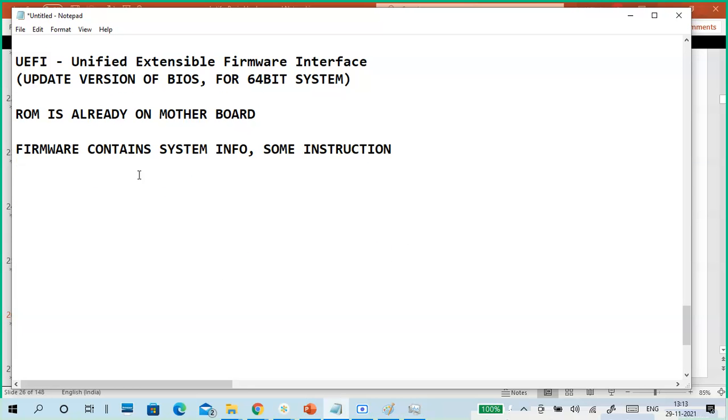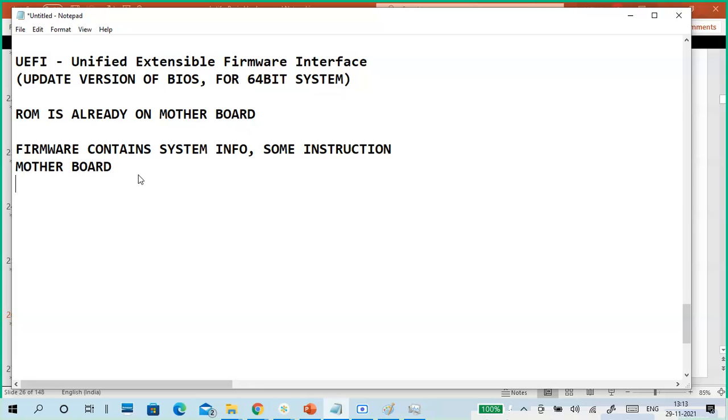Like what is the information about your motherboard? First of all, information about your motherboard, and the connected devices, because the CPU is on the motherboard, right?